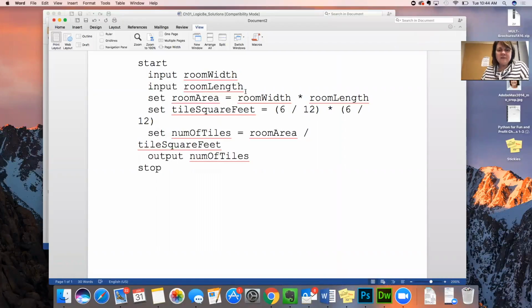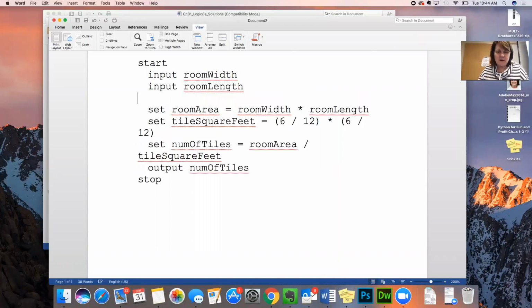So the only difference here that I put in there, which made it a little harder also for the number 2 guys, was input num inches. So down here, instead of 6, it would say num inches. And here it would say num inches.